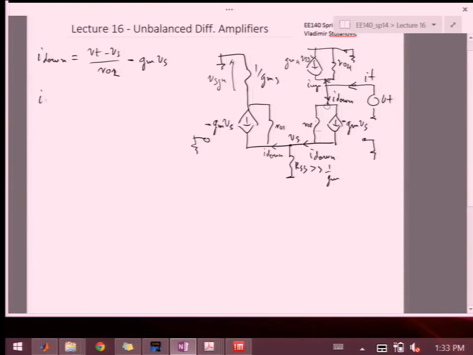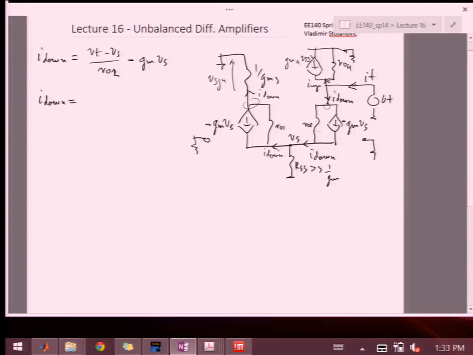Another one that I have is what is happening over here. If I'm pushing I down over here, then this current that goes into GM1 over GM3 is also I down.